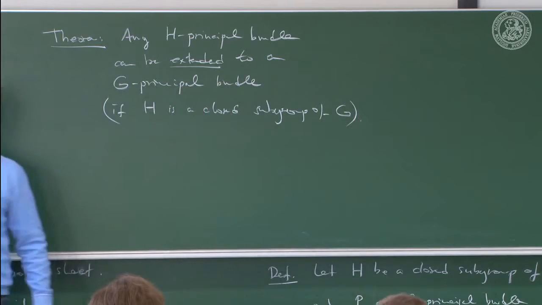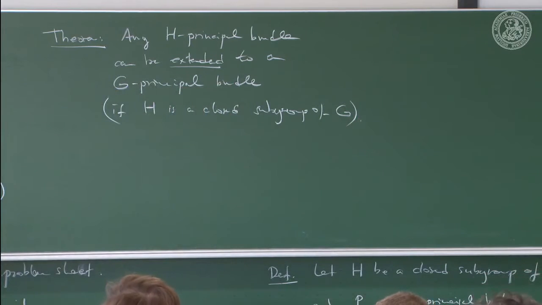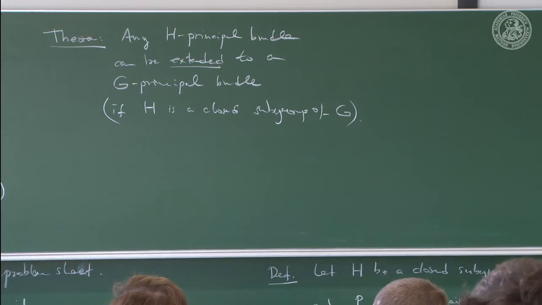So you can always make the group bigger, in such a way that the group you had before is a closed subgroup of the bigger group. Very roughly speaking, extensions are always possible. There's no constraint on how you can extend.